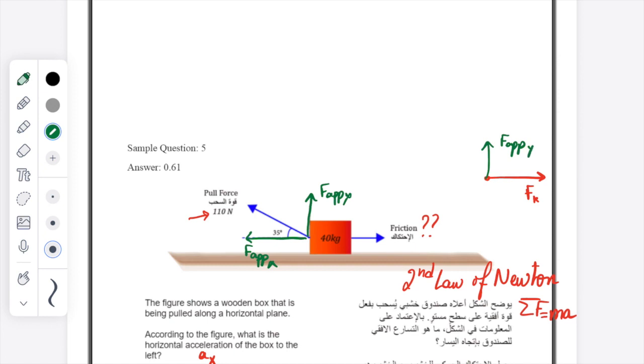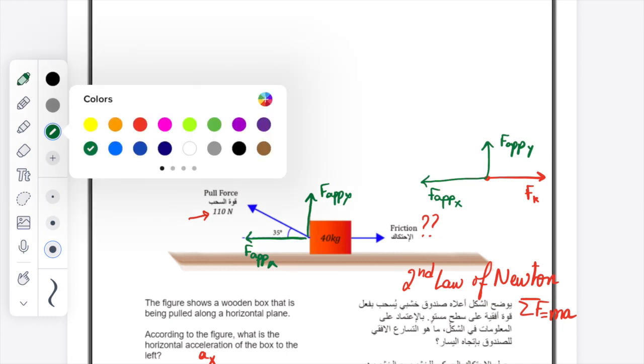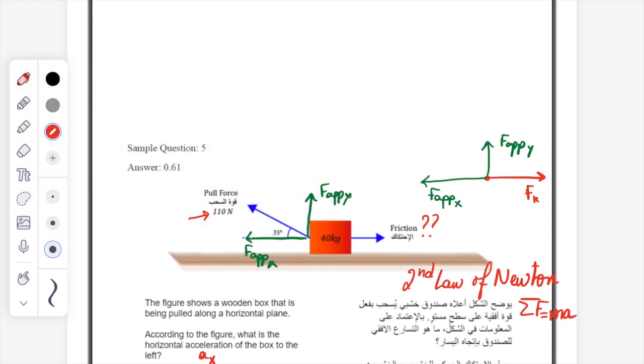It's useful to always divide your forces into components along the x and the y, F applied x. Not to forget that you also have the force of gravity, and certainly the normal force.